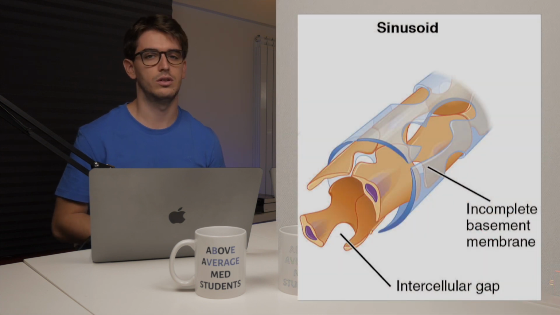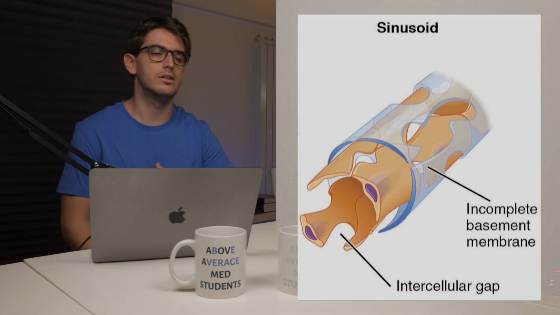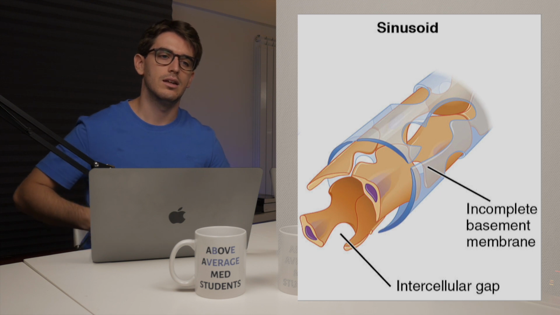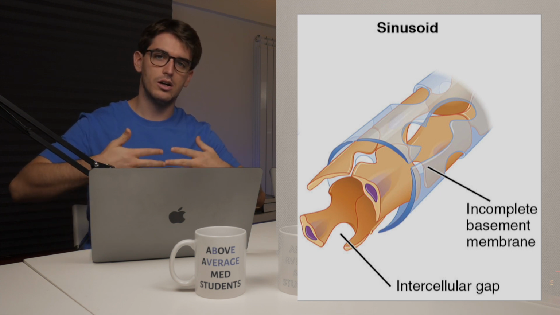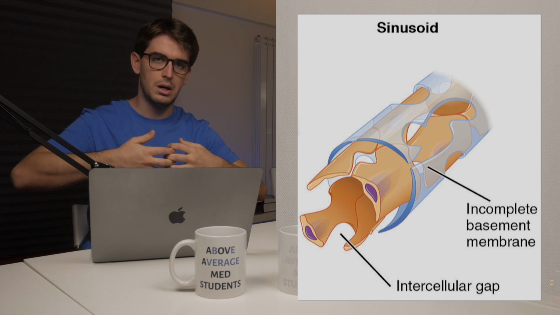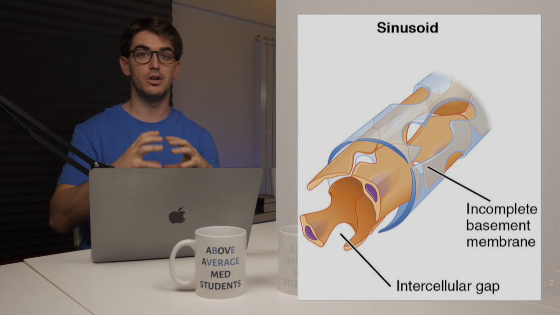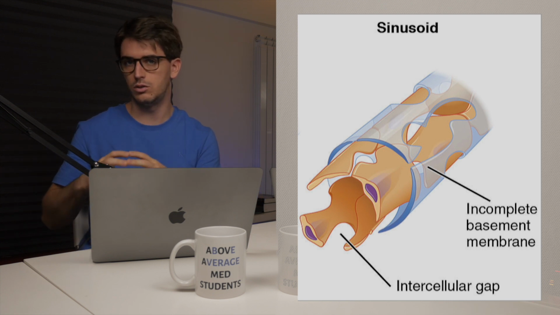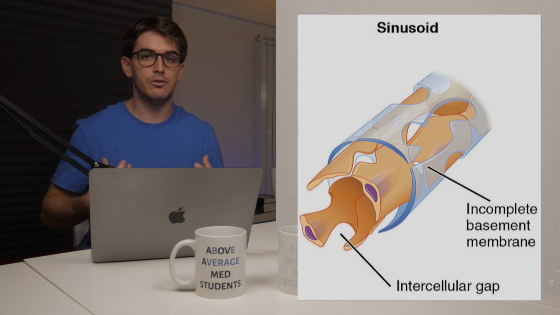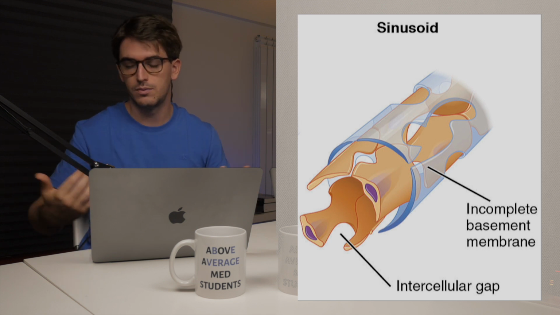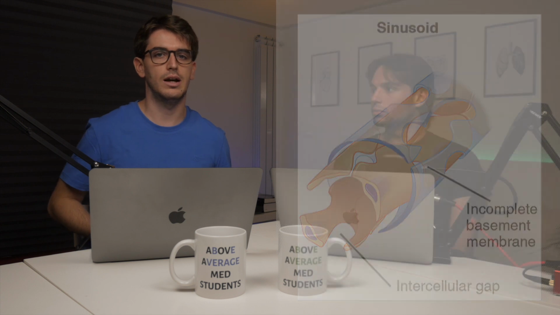The third and final type of capillary that we will analyze are discontinuous or sinusoidal capillaries. These capillaries are characterized by the fact that the endothelial cells forming the walls are not tightly bound to one another, but they allow for the presence of large gaps, also called sinusoids. These gaps allow for the passage of large molecules, and they are especially present in the liver and the spleen.